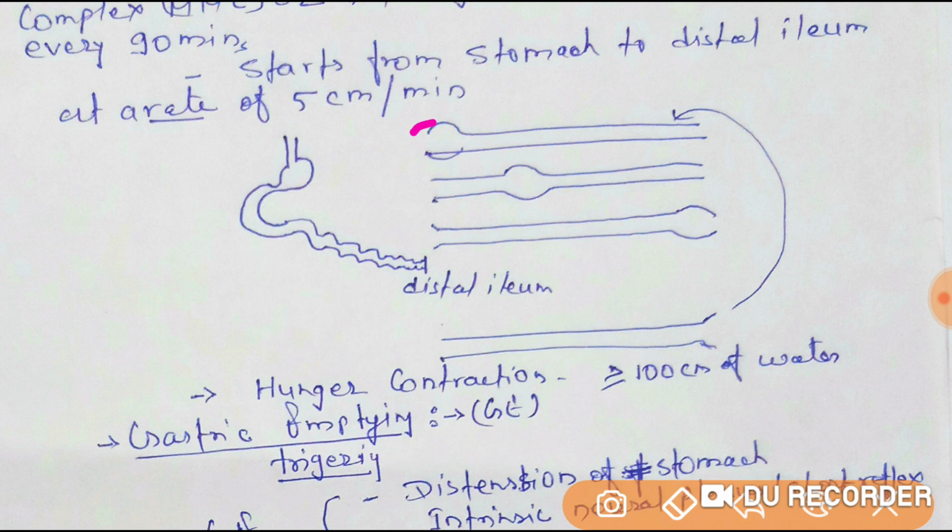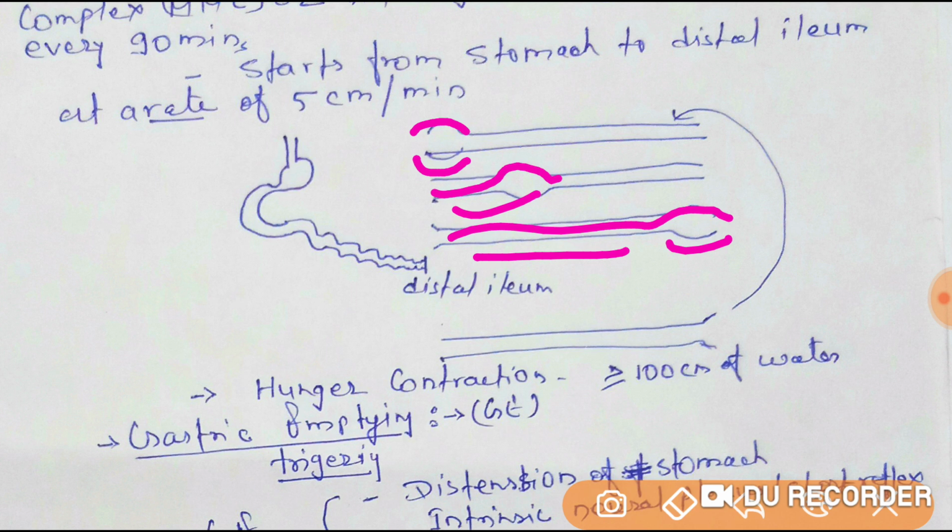The peristaltic movement starts here, the electric rhythm starts, then it migrates like that. That means the forward portion is activated and stretched, while the back portion is relaxed.